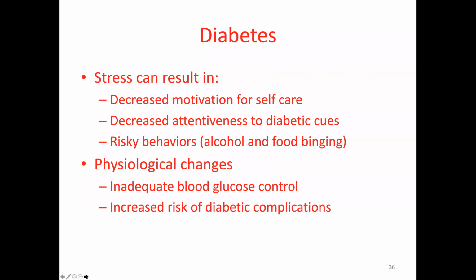The stress just gets too much for them. They don't pay attention to the diabetic cues. It's very important for them to pick up cues from their body as to where their glucose is. And then we see that in their normal lives, they take on risky behaviors.